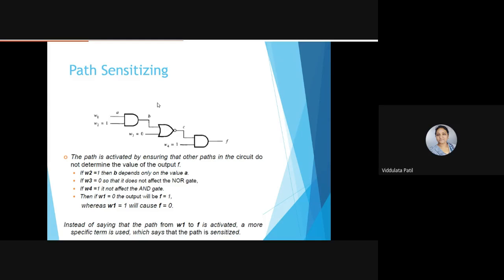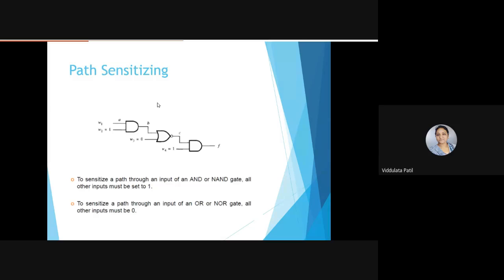Okay, so let us move forward. The same example is explained here. Suppose we want to sensitize an AND gate or NAND gate. At that time we have to keep the other inputs equal to 1. That means all other inputs must be set at a high logic level.